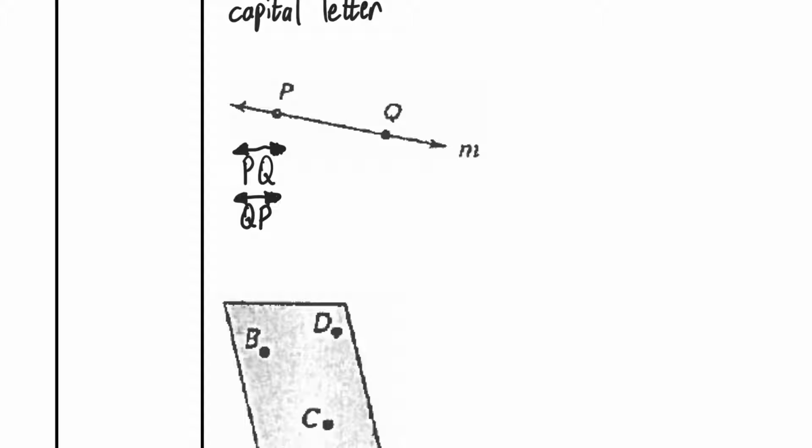So what the M is, it's simply whoever made this up saying, okay, this is line M, okay? So, and when we do that, we actually just write out the word line like this. So this is line M. Okay? So remember, P and Q are points on that line. M is not a point on that line. It's just the name of the line.